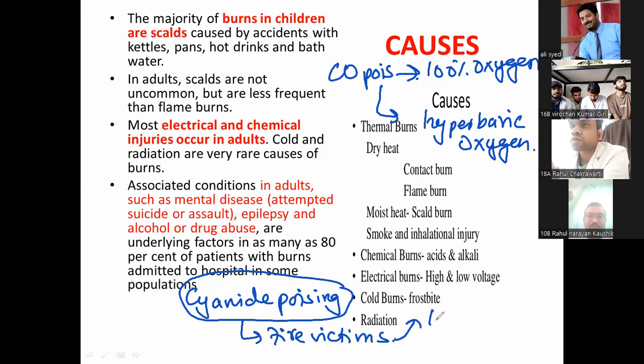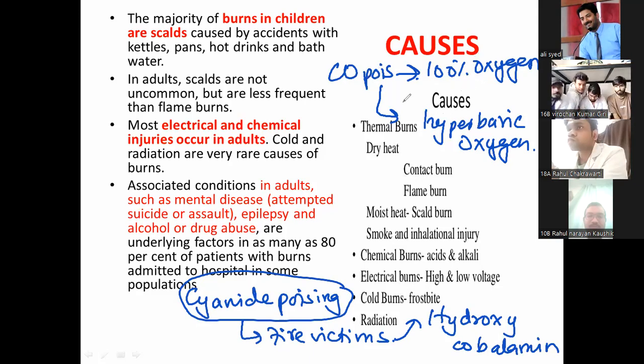You are going to give hydroxycobalamin. So please remember, cyanide poisoning management is hydroxycobalamin. Carbon monoxide poisoning management is 100% oxygen or hyperbaric oxygen. This is your MCQ. This is also your MCQ. Please remember it forever.